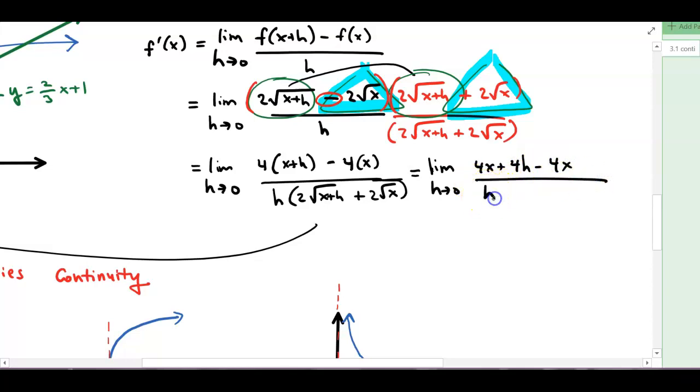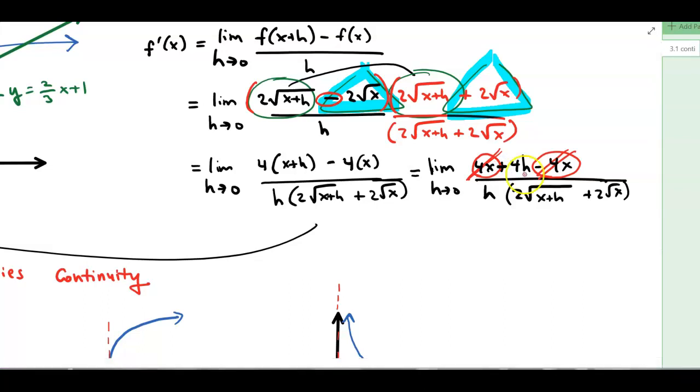You have an h on the bottom along with that square root. Now we could cancel the 4x minus 4x, so they go away. You still have a 4h on top, and by the way, that's a positive right there. All right, you could cancel the h's.